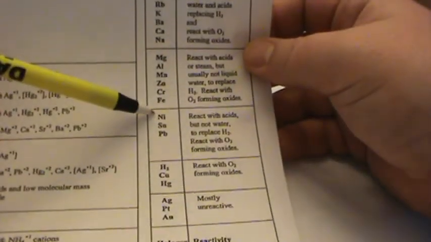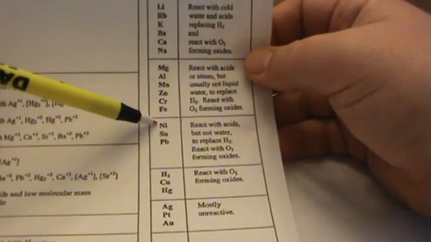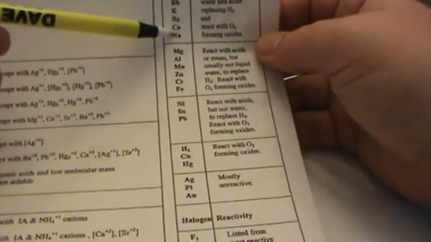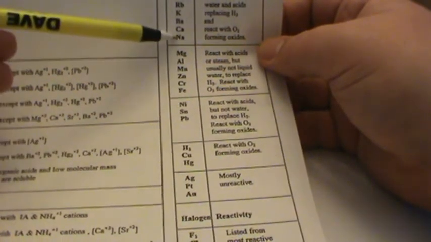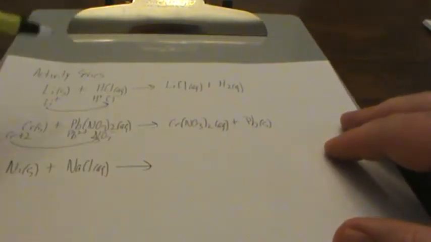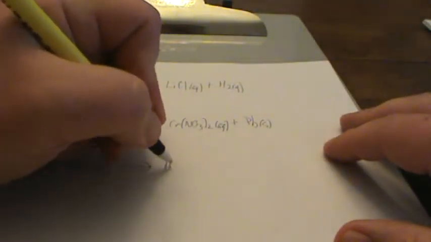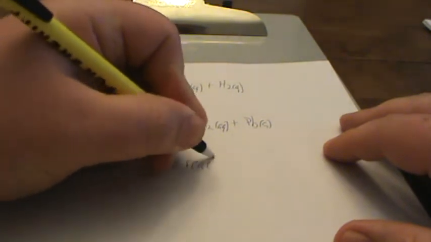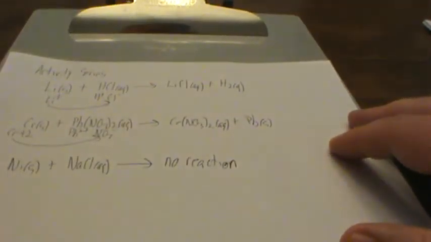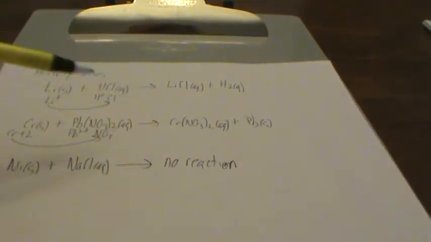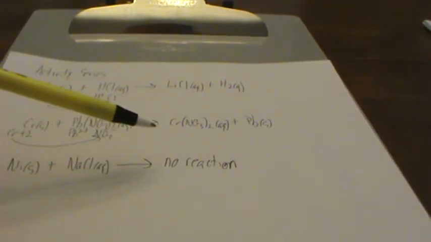We have nickel, which is right here. We have sodium, which is way up here. So nickel, the element by itself, is way down here, and sodium is way up here. So since nickel is lower than sodium on the activity series, nothing's going to happen. No reaction. So we don't even need to figure out what our products are going to be in this situation.